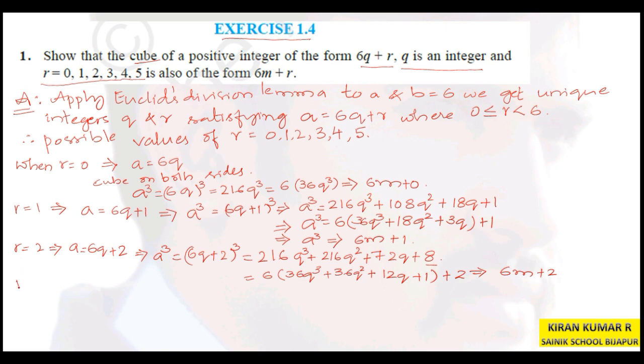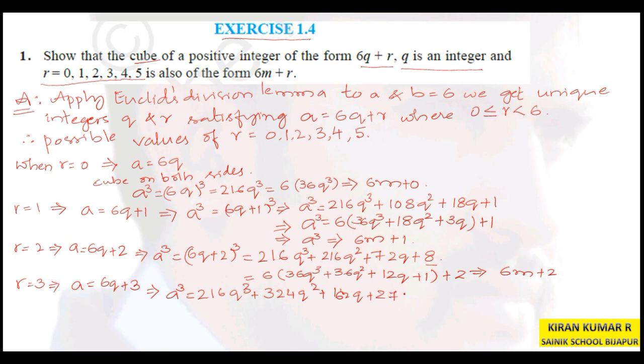If you consider r value as 3, we get a equal to 6q plus 3. On cubing both the sides, I get a cube as 216q cube plus 324q square plus 162q plus 27.